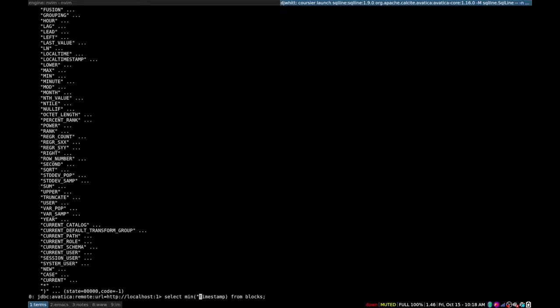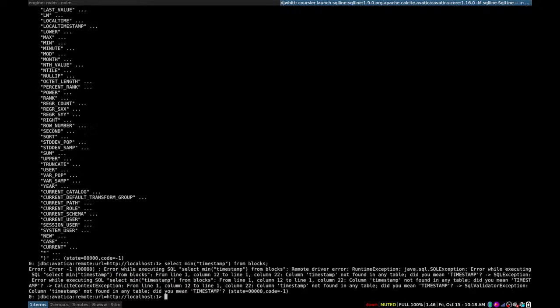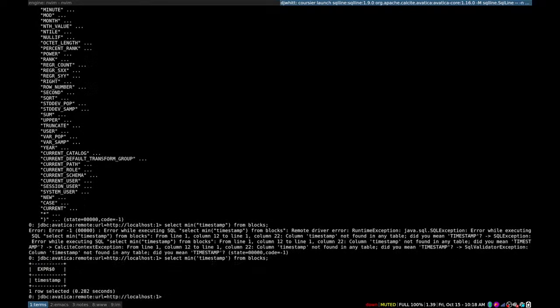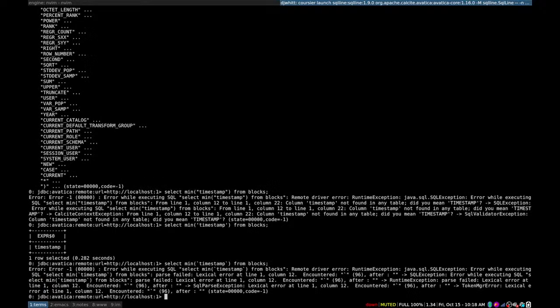Oh, I wonder if that's a... did you mean quote timestamp? Maybe. I don't know what the quoting is here, so maybe I did. It's treating it as a literal string. Interesting. Backticks? Is it backticks? So I think it might be treating timestamp as a keyword.